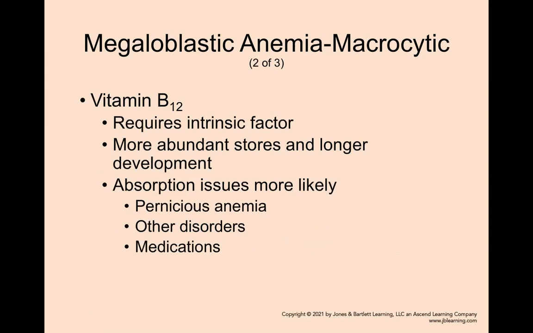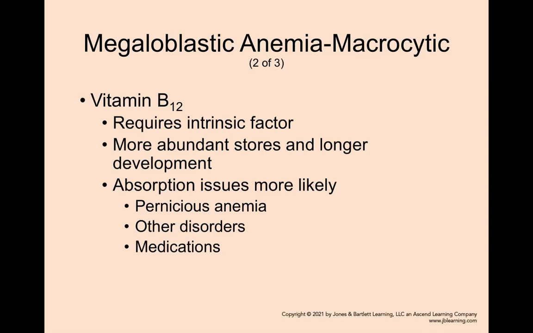So we talk a little bit about how this happens: intrinsic factor and vitamin B12 absorption are facilitated by the pancreatic enzymes in the duodenum. With good dietary sources, including meat and dairy products, that absorption normally happens.